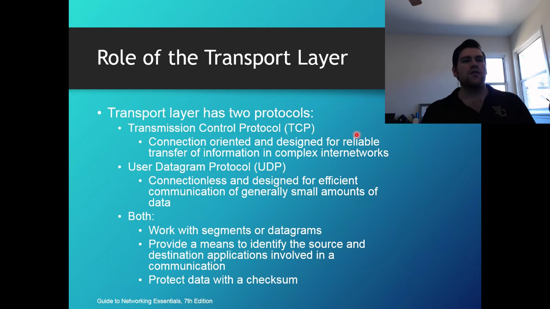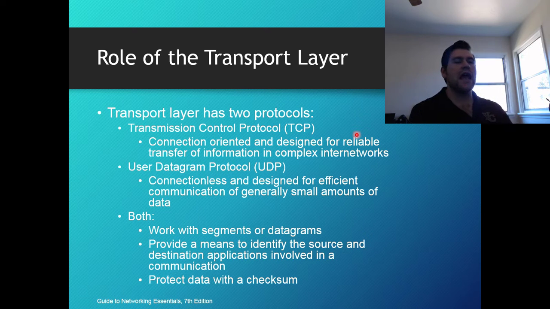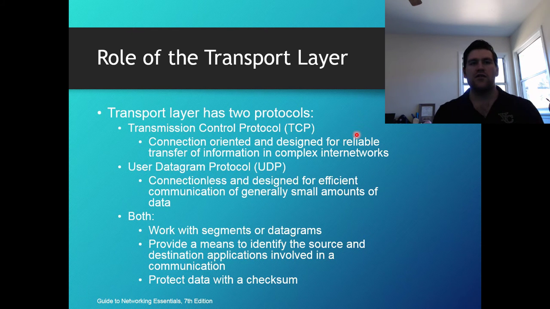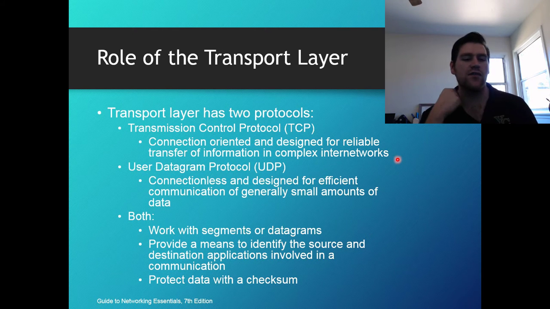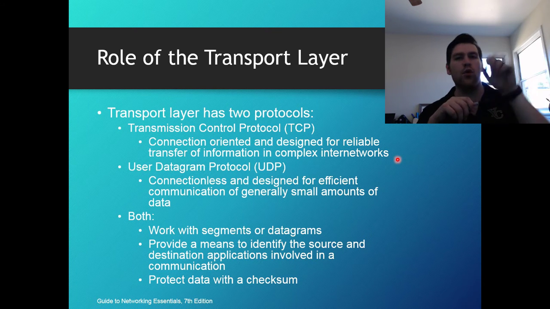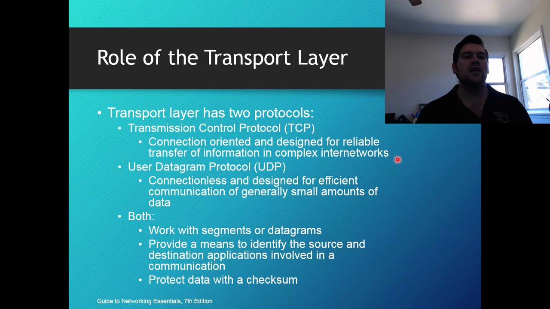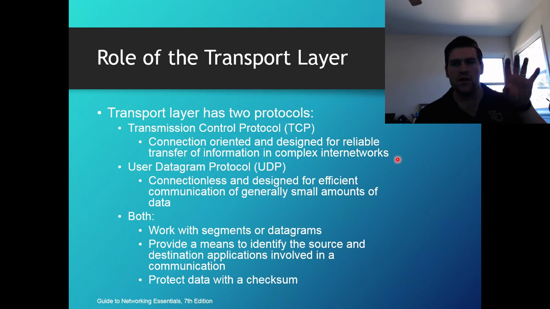There are two protocols that function at the transport layer: TCP and UDP. You need to know the difference because it's really important. At the application layer, some protocols list TCP and then a port number, while some list UDP and a port number.